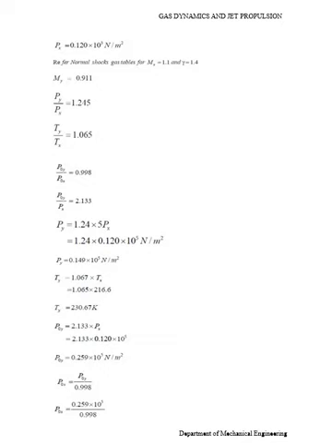Therefore Py equals 1.24 into 0.120 into 10 power 5 Newton per meter square, so finally Py equals 0.149 into 10 power 5 Newton per meter square. Then Ty equals 1.067 into Tx, and finally Ty equals 230.67 Kelvin.